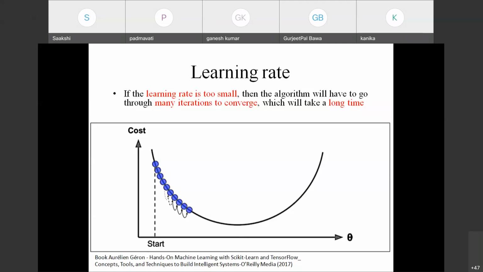It needs many iterations, right? So for that reason, we always prefer not to choose too small a learning rate. If I choose too small a learning rate, you are seeing the effect: it takes a longer time.